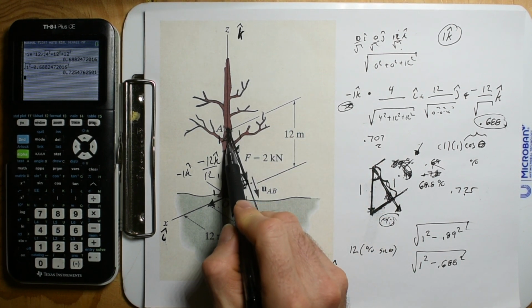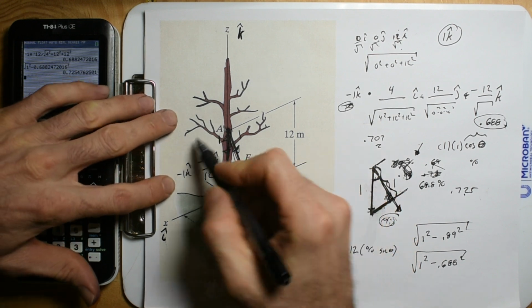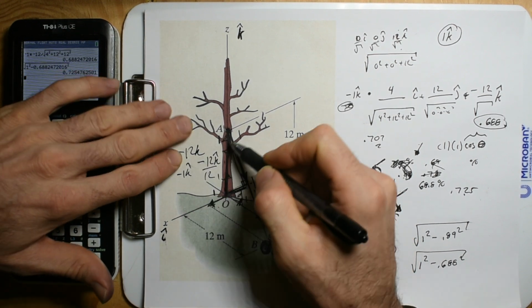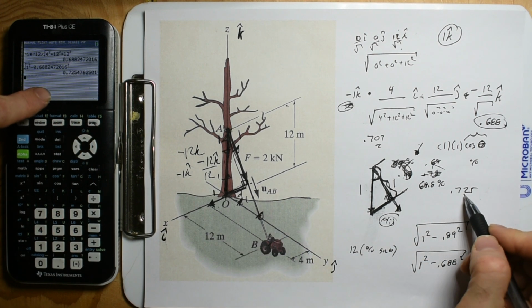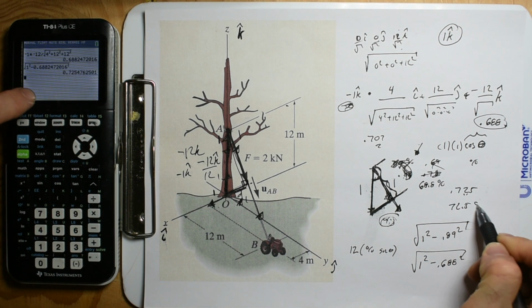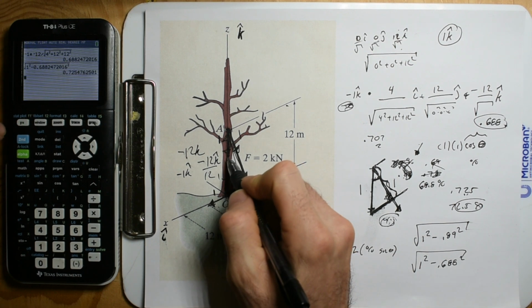This unit vector can be represented as that whole distance, 12, multiplied by this 72.5%. That's going to give us that sine component.